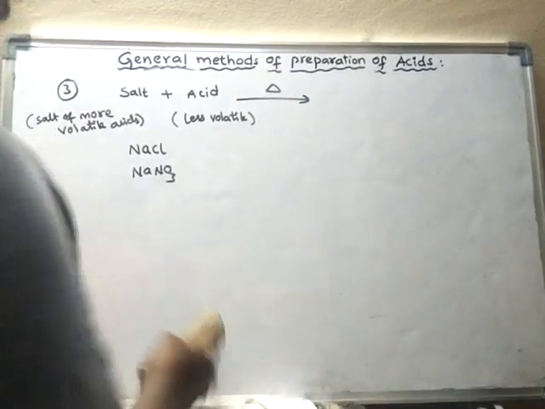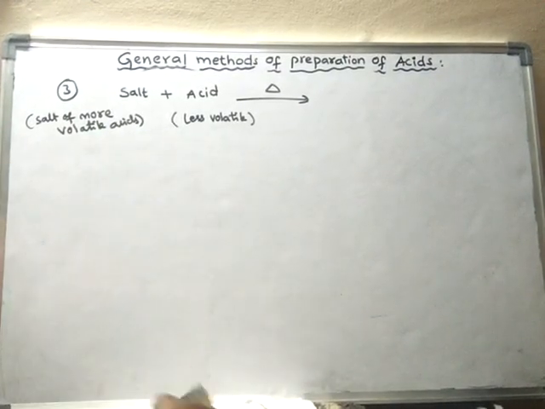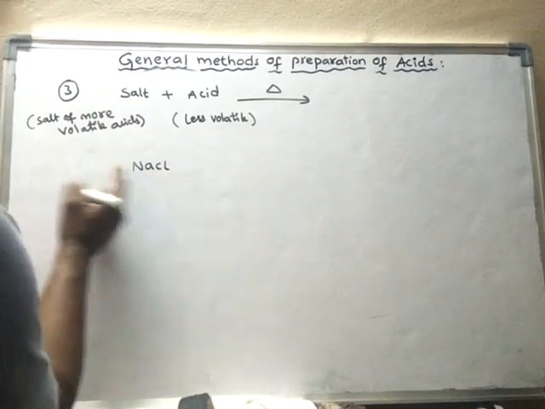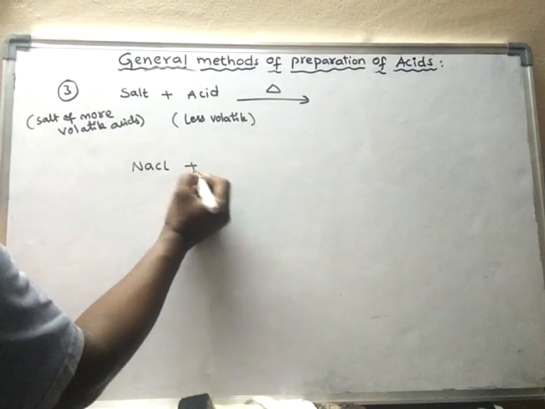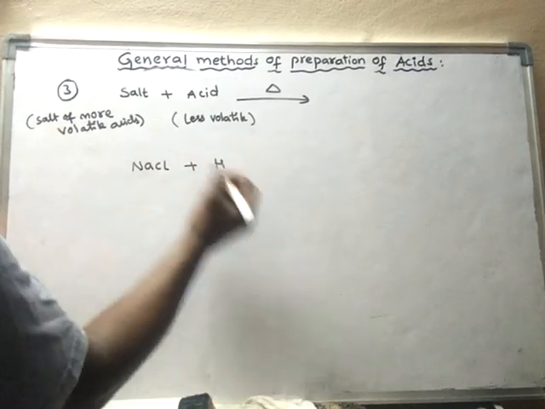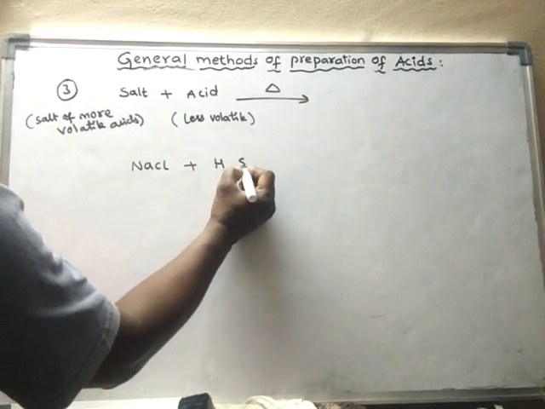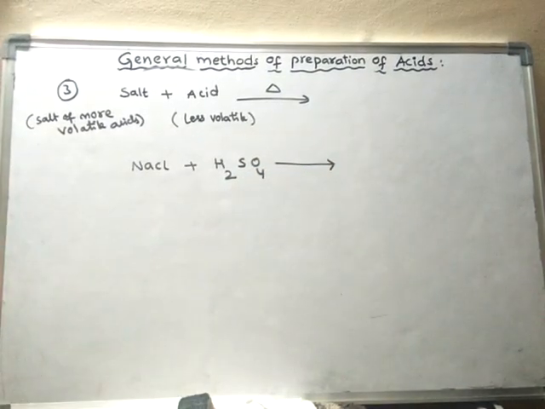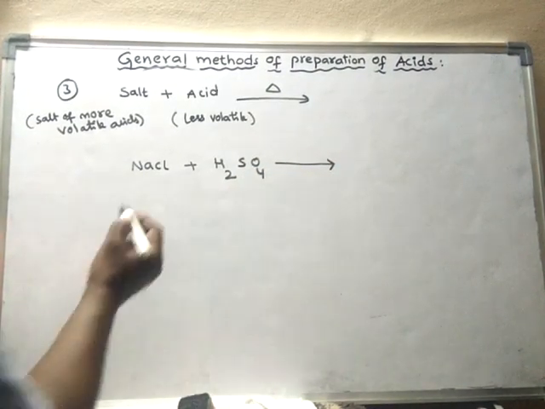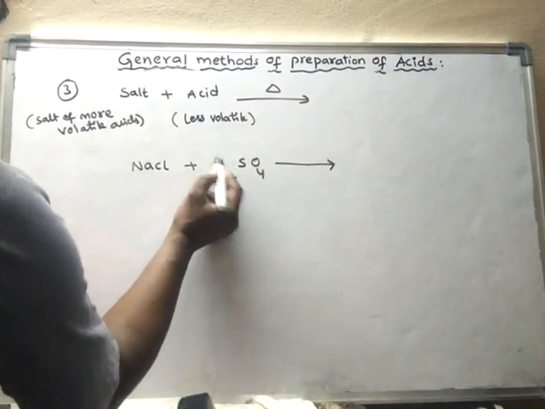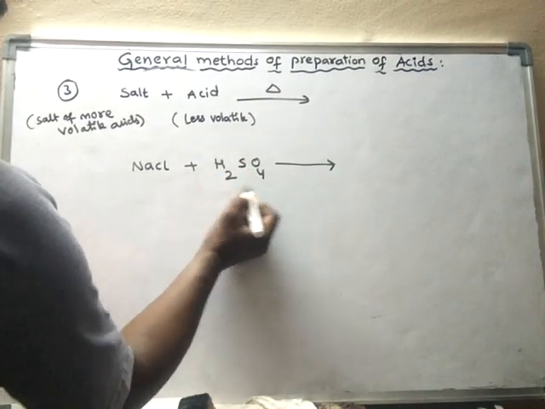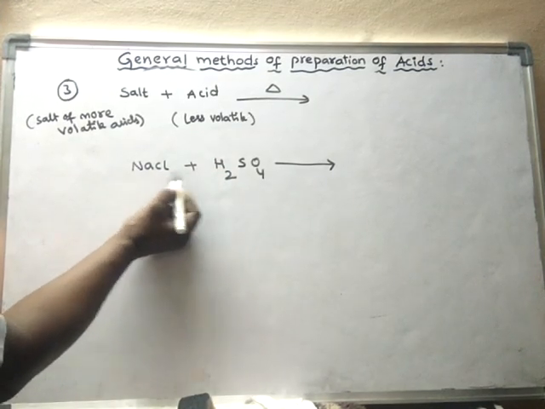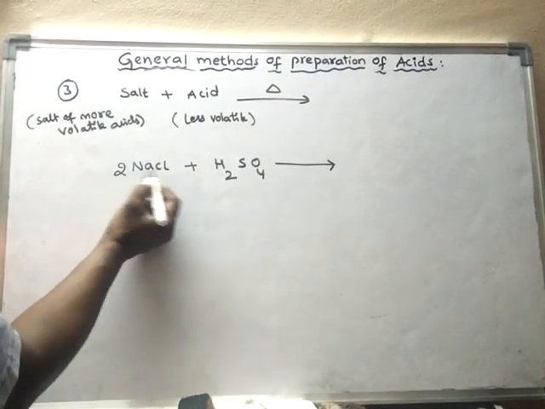Now here I will take NaCl, a salt of a more volatile acid, when reacted with a less volatile acid, sulfuric acid. What does it form? In sulfuric acid, the hydrogens will combine with the chlorines.